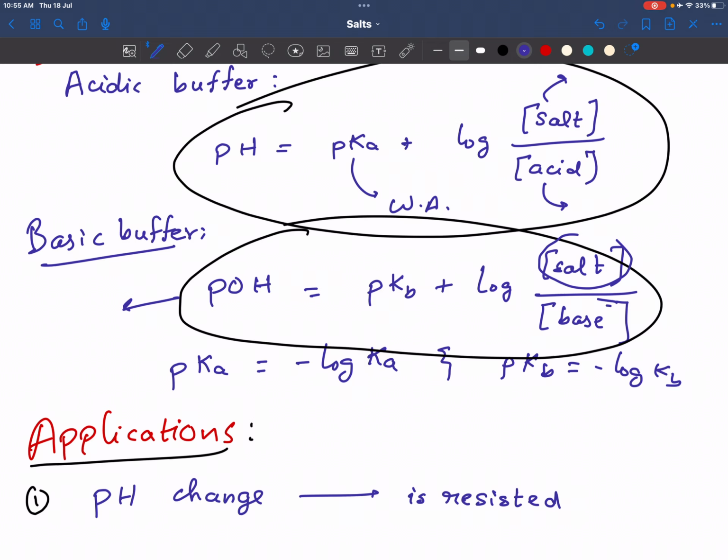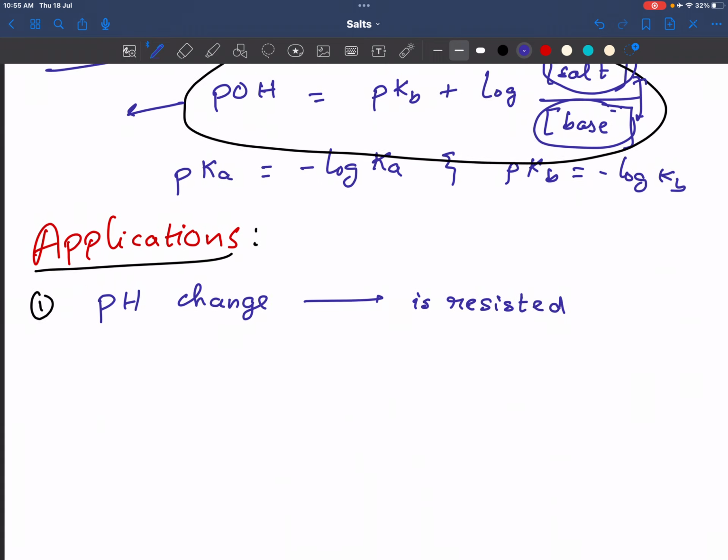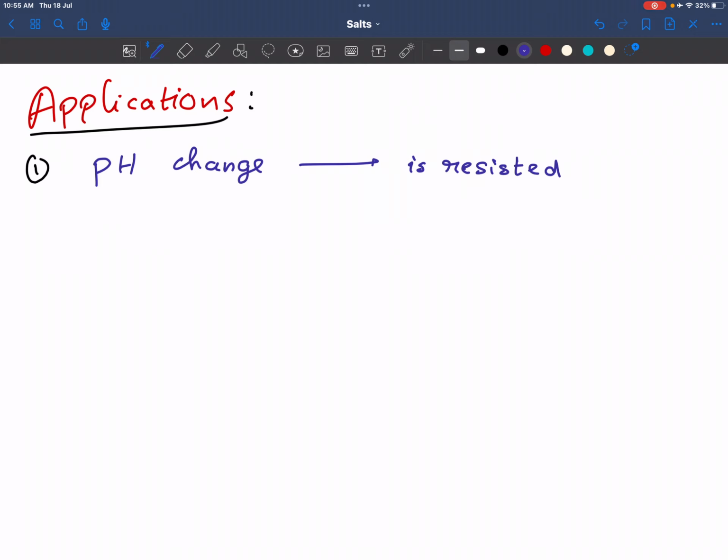We know that POH equals minus log of OH minus, so POH increases, OH minus concentration decreases, which means basic nature decreases. So if the concentration of the salt compared to the base is more, then POH will increase and basic nature decreases. According to that, we can adjust the ratio of salt and base to control the pH or POH, depending on whether you use a basic buffer or acidic buffer.